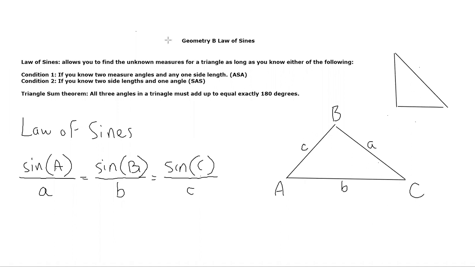Okay, so in the last 2 weeks, you've been dealing with the kind of triangle that has a 90-degree angle, at least one of them, and all the sides are proportional to each other.